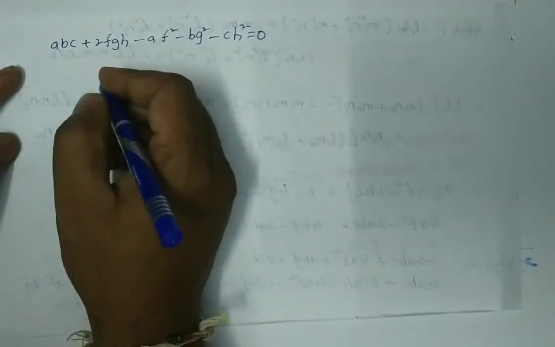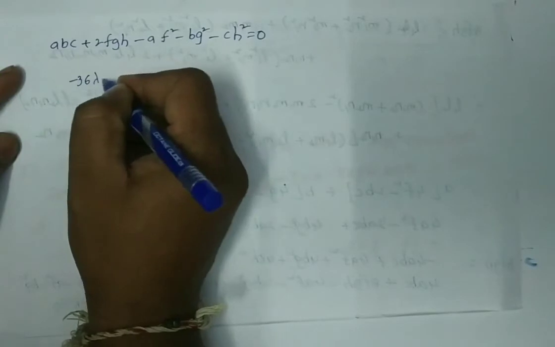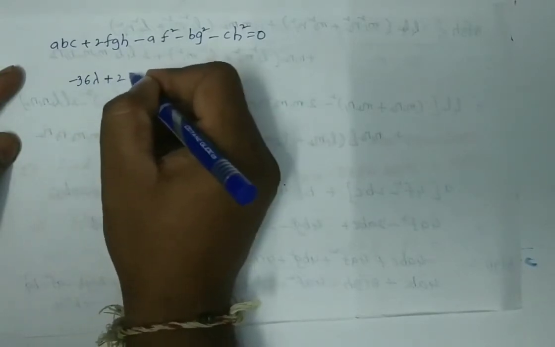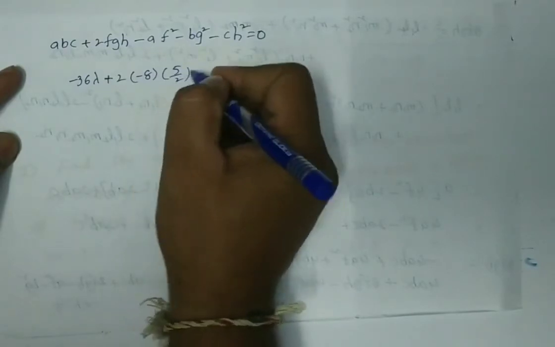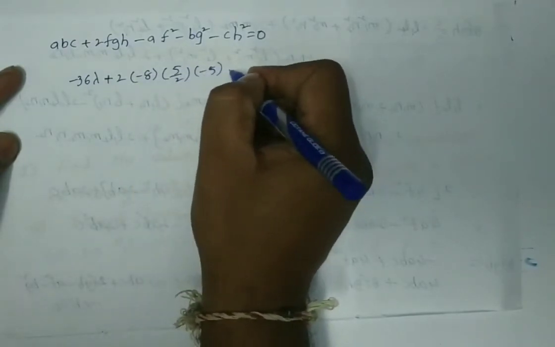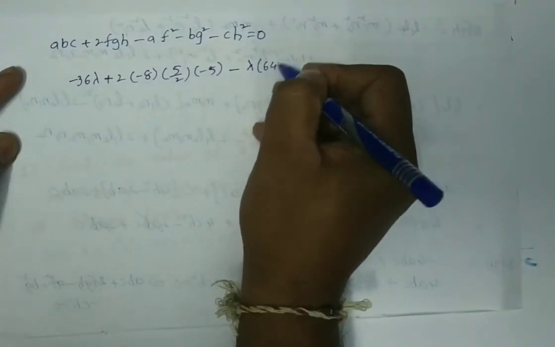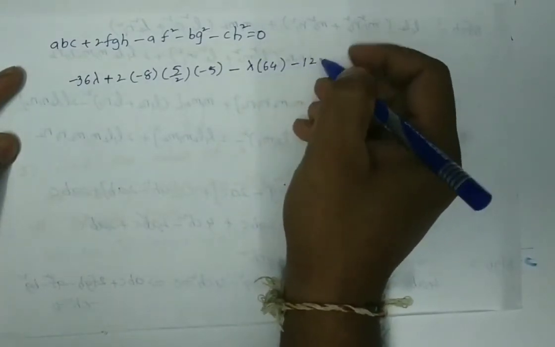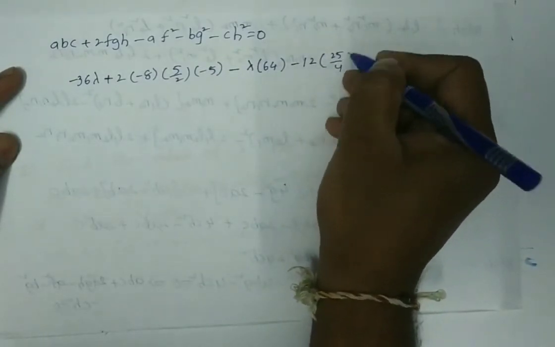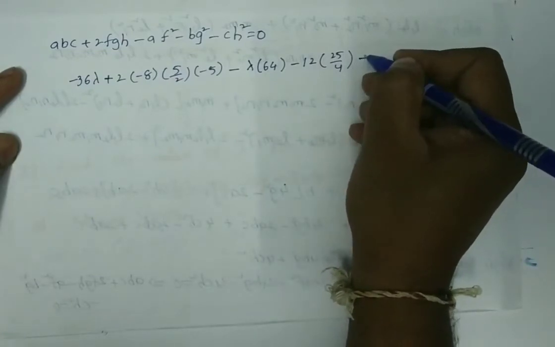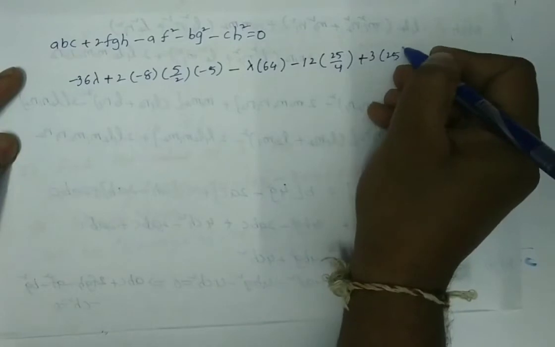So here we get, abc is nothing but -36 lambda; 2fgh: 2, f is nothing but -8, g is nothing but 5 by 2, h is nothing but -5; minus a f square, that is lambda times 64; minus b g square, that is 12 times 25 by 4; c is nothing but -3, that means plus 3, h square is nothing but 25, is equal to 0.